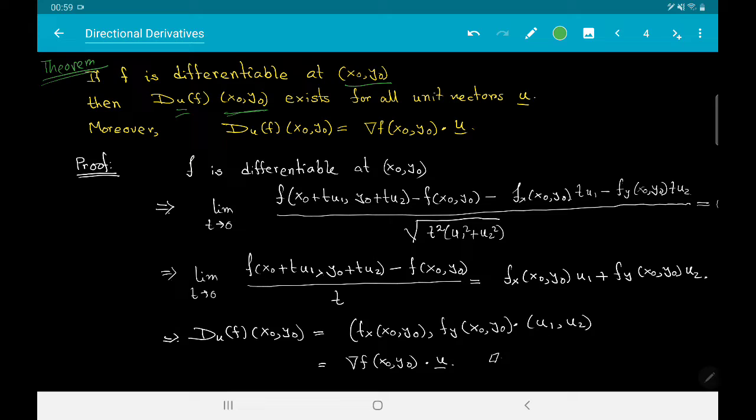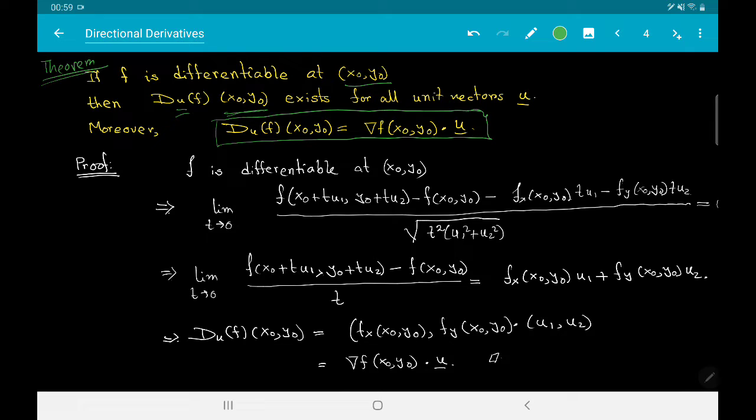And moreover, the equality that we were interested in takes place. So namely, Du of f at the point (x0, y0) is gradient of f at the point (x0, y0), and we take the dot product of this gradient with the unit vector u.